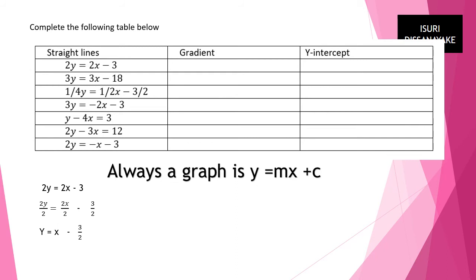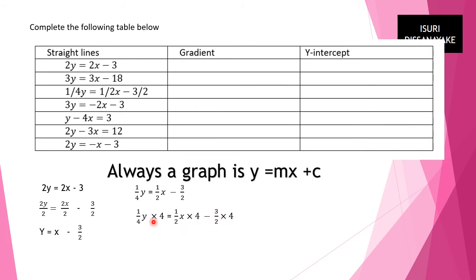Now it takes the form of y equals mx plus c. The next graph is 1 over 4y equals half x minus 3 over 2. You have to use algebra again. You pick 4 as the LCM and multiply everything by 4 to cancel the denominators. So I multiply 1 over 4y by 4, because 4 is the LCM of the denominators, equals half x multiplied by 4 minus 3 over 2 multiplied by 4.